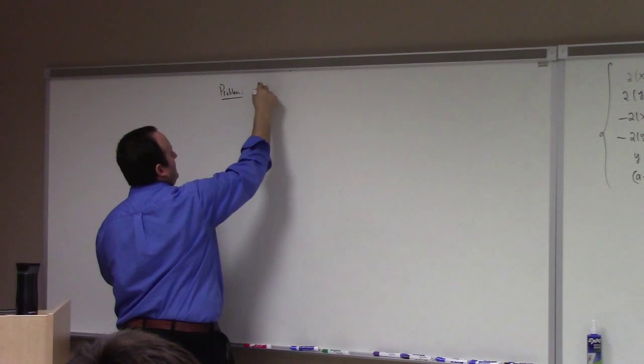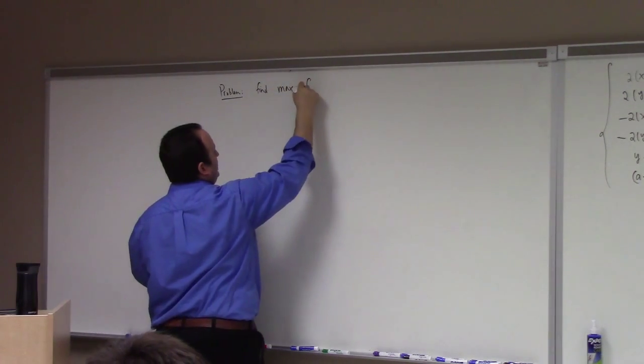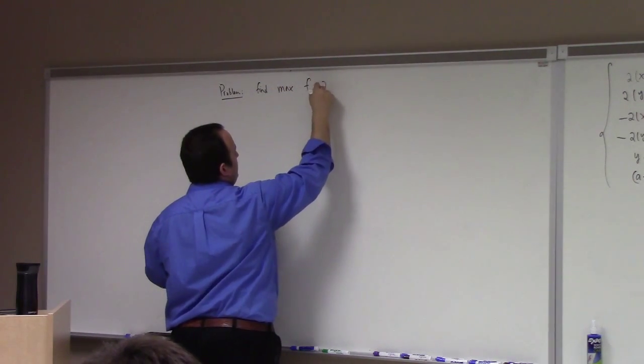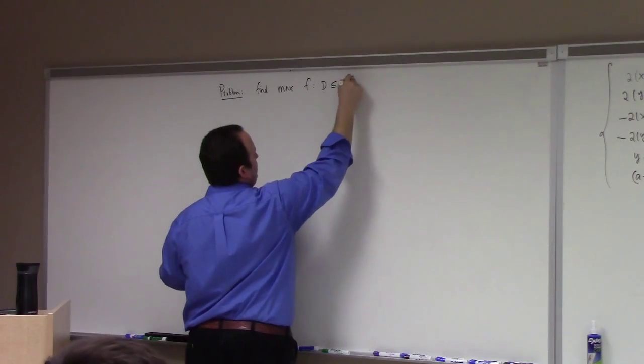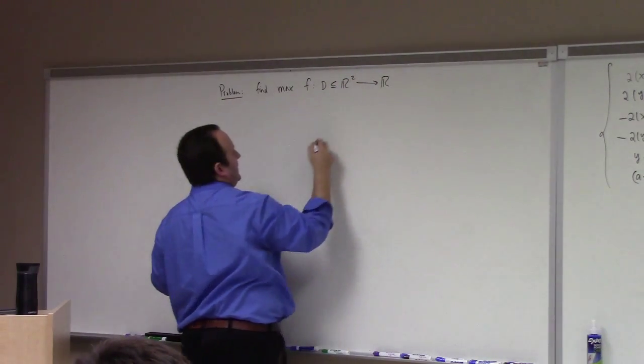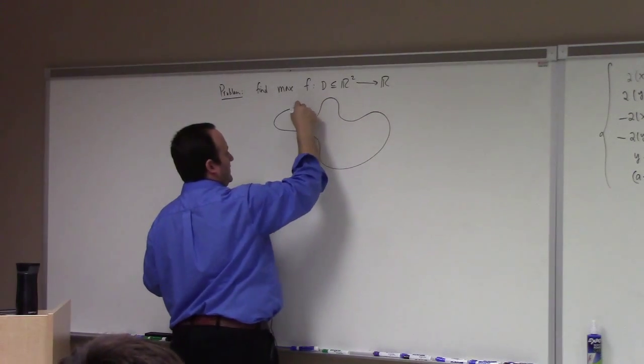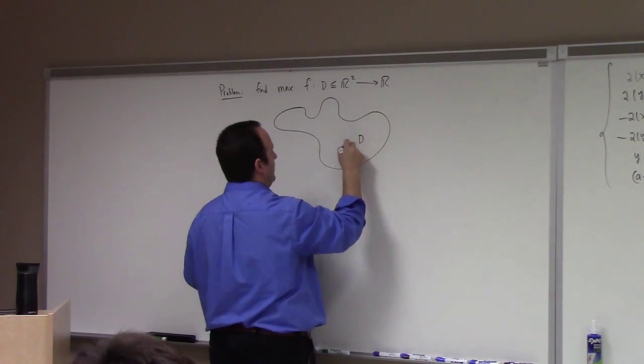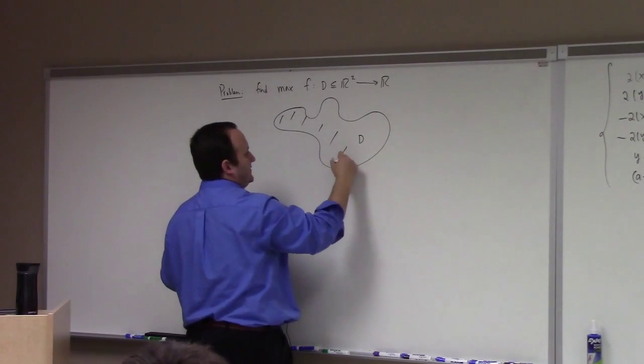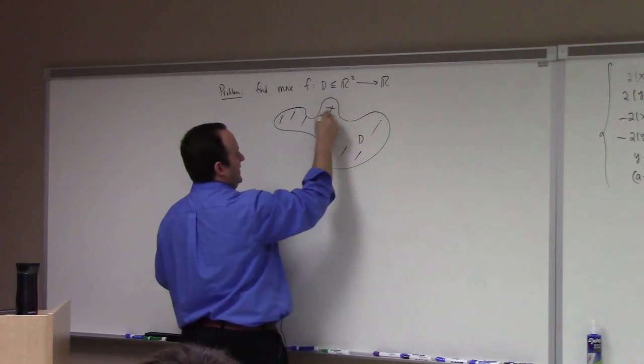Find the maximum for a function from D, some subset of R2, let's say, to R. And let's suppose D looks something like this, whatever. Here's D. My point is D is not just a curve.